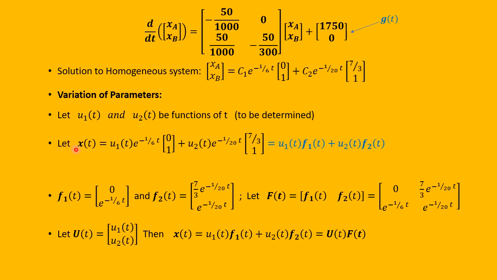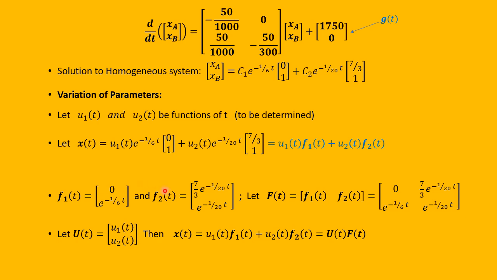So x of t then will look like this, and we can write this as u1 times the vector function f1 plus u2 times the vector function f2, where f1 is e to the minus 1/6 t times this vector, f2 is e to the minus 1/20 t times this vector.